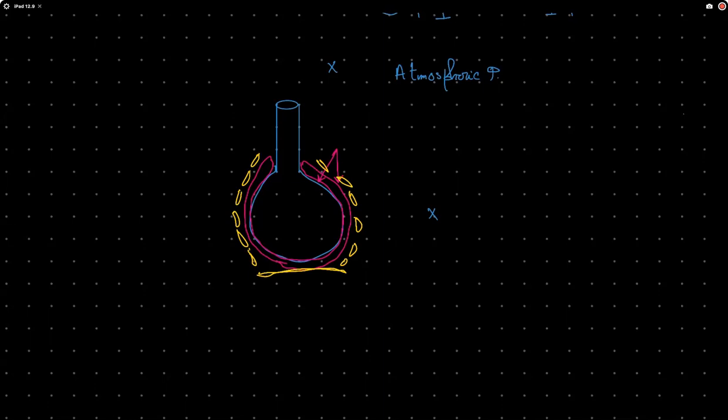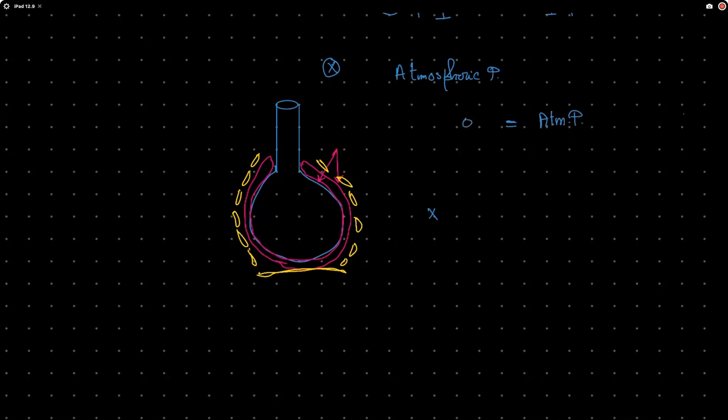We consider any pressure in relation to the atmospheric pressure. If the pressure that I'm looking at is equal to the atmospheric pressure, we're going to call it zero pressure.